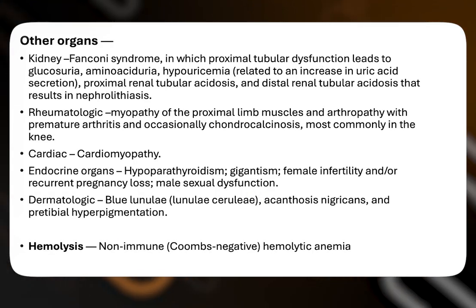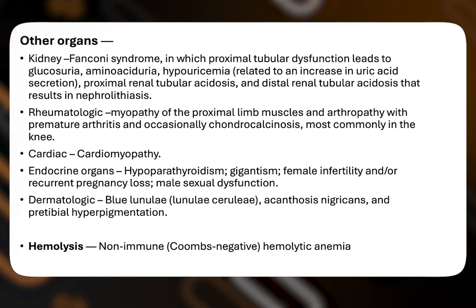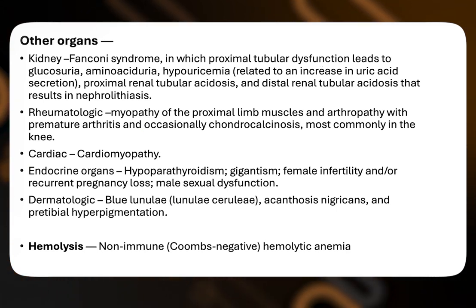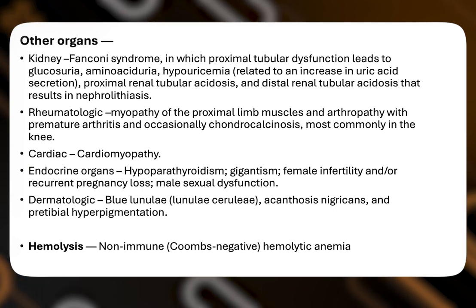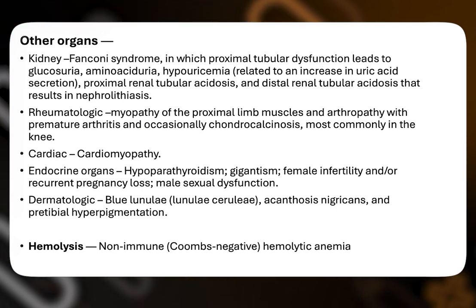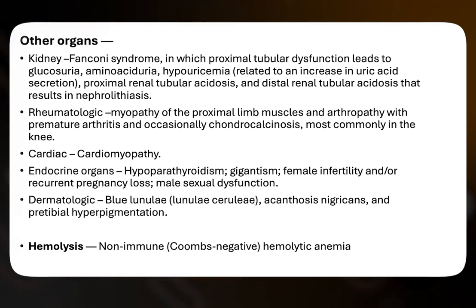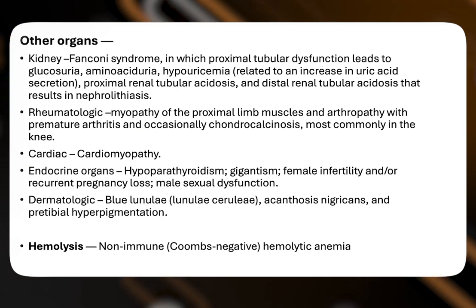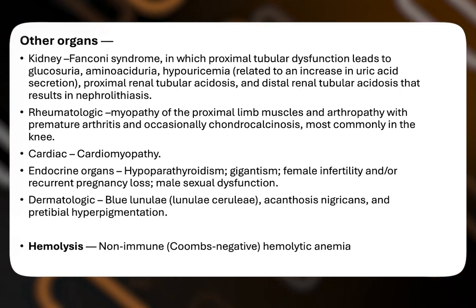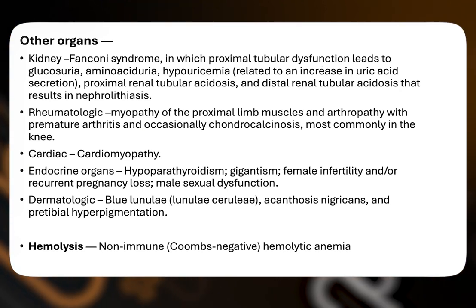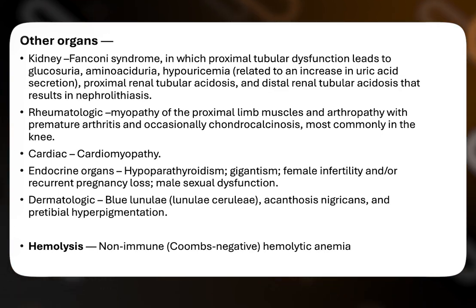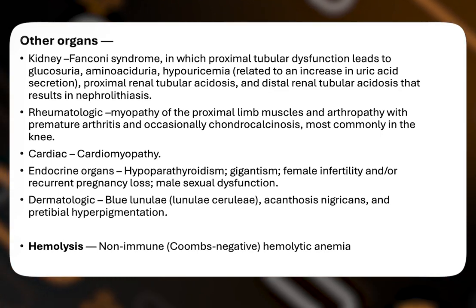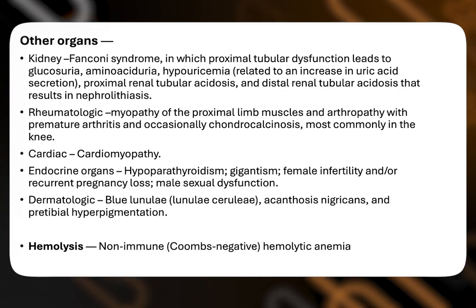As we discussed, the two common organs involved are the liver and the brain. Several other organs can be involved in Wilson's disease. The kidney can develop Fanconi syndrome, which leads to proximal tubular dysfunction, then multiple metabolic abnormalities like glycosuria, aminoaciduria, and proximal and distal renal tubular acidosis, which can further cause nephrolithiasis.